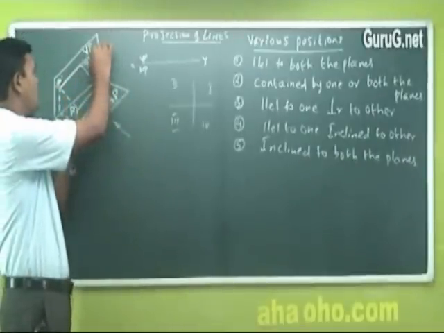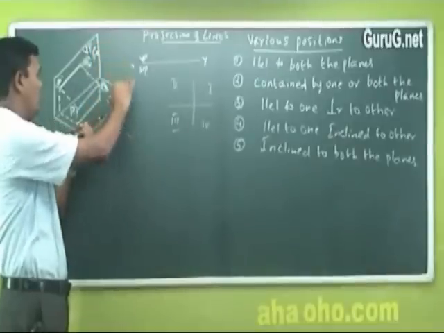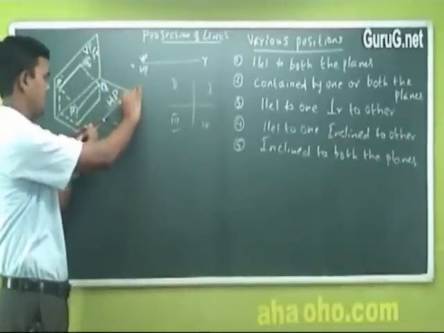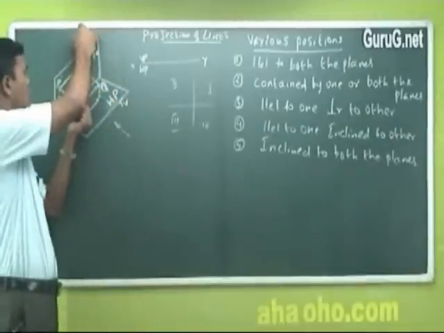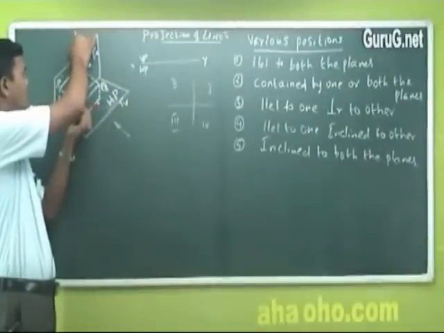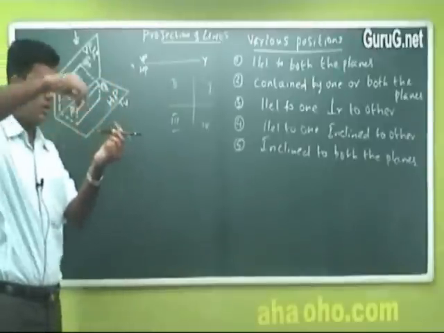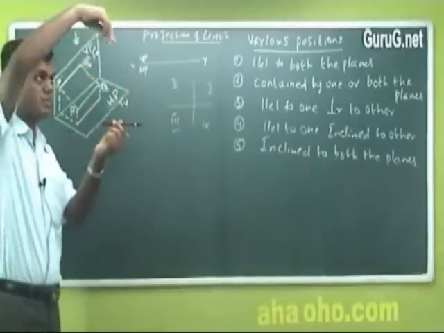I can say it's VP or front view, HP or top view, as we discussed in the previous section. Now in the top view, whatever you view from the top, that means the eye, the observer, is at the top.